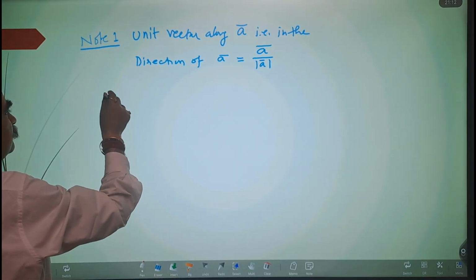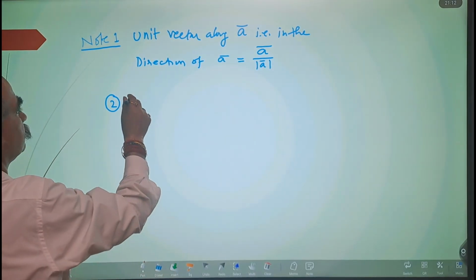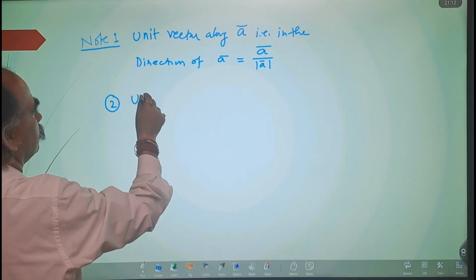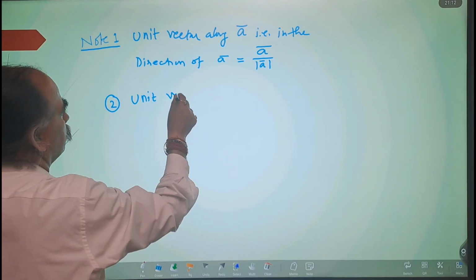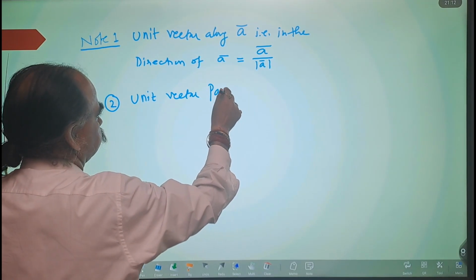And note number 2 is unit vector parallel to a bar.